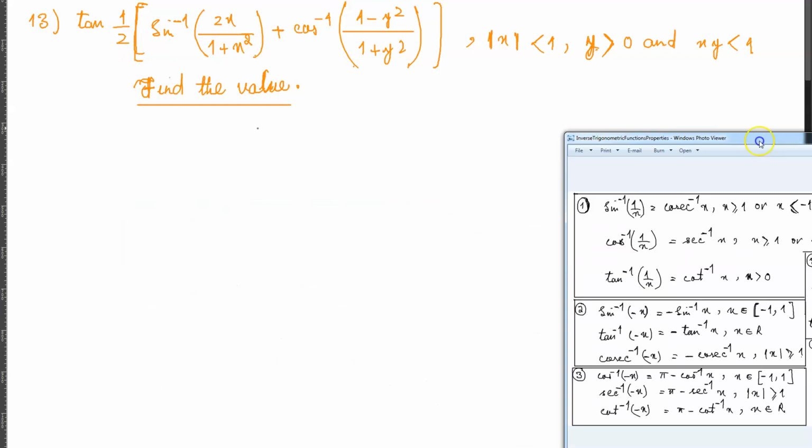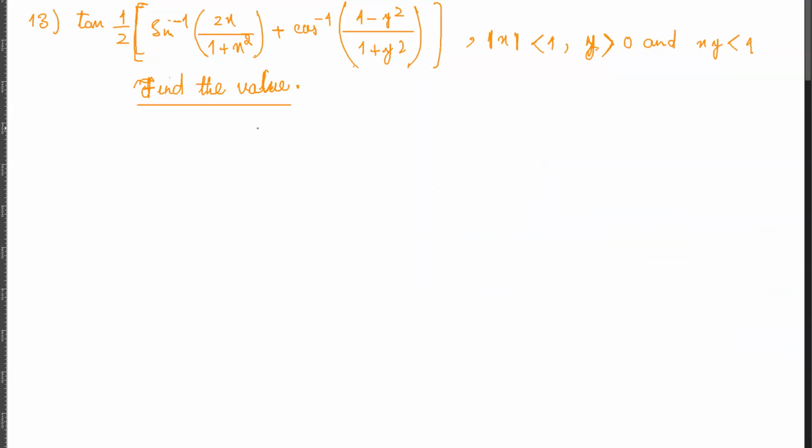Which means that I can write 2 times tan inverse of x is equal to sine inverse of 2x over 1 plus x squared for the absolute value of x less than or equal to 1.